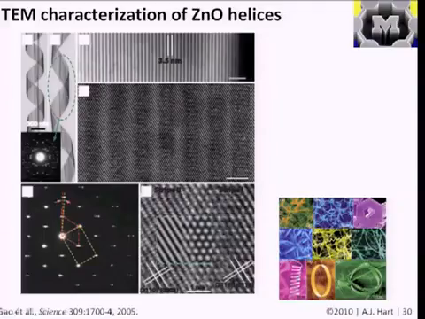And to connect to the example of zinc oxide that we showed last time, this is just some excellent characterization of the structure of these helical belts from Z.L. Wang's group at Georgia Tech. And here they were using TEM at high resolution, at the resolution that will resolve the lattice, to show that these belts consisted of different domains having different crystal structures.